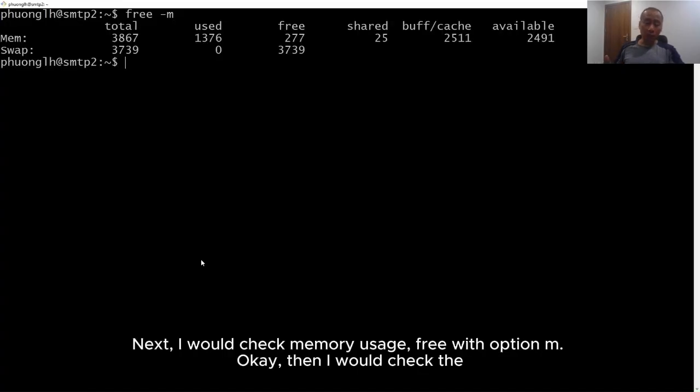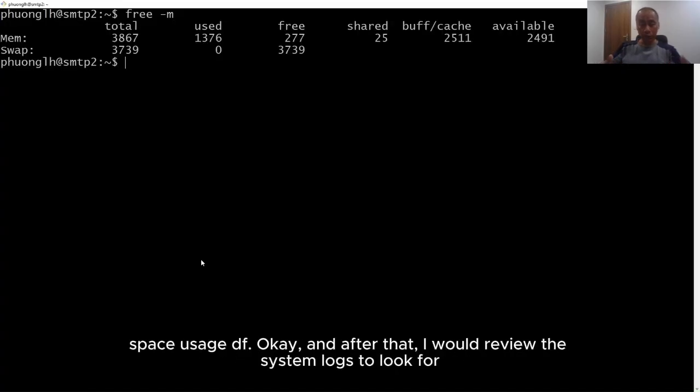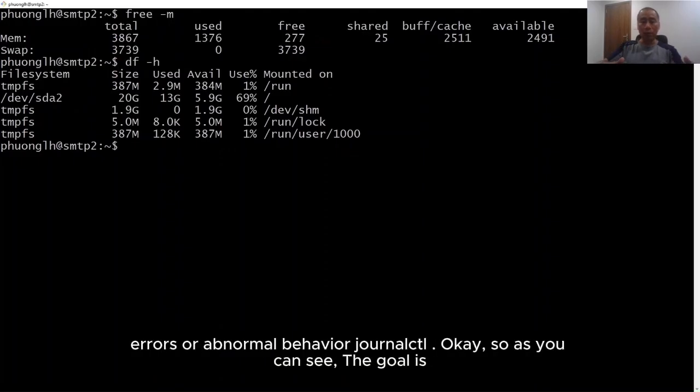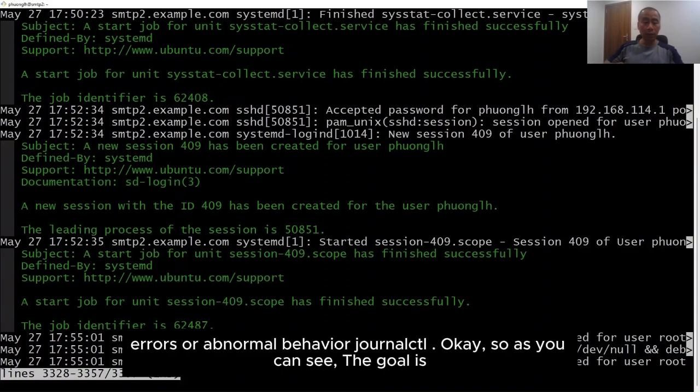Then I would check the disk space usage. df. And after that, I would review the system logs to look for errors or abnormal behavior. journalctl.